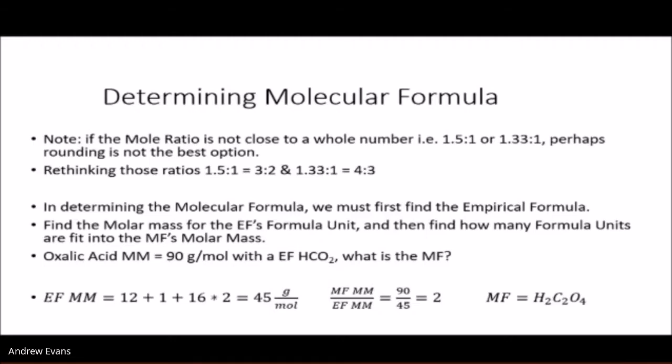Looking at the example we just did, the C4H4O1 has a mass of 12 times 4 plus 4 times 1 plus 16. So that fragment has a molar mass of 68. If the molar mass of that whole compound is 68, the empirical formula matches the molecular formula.